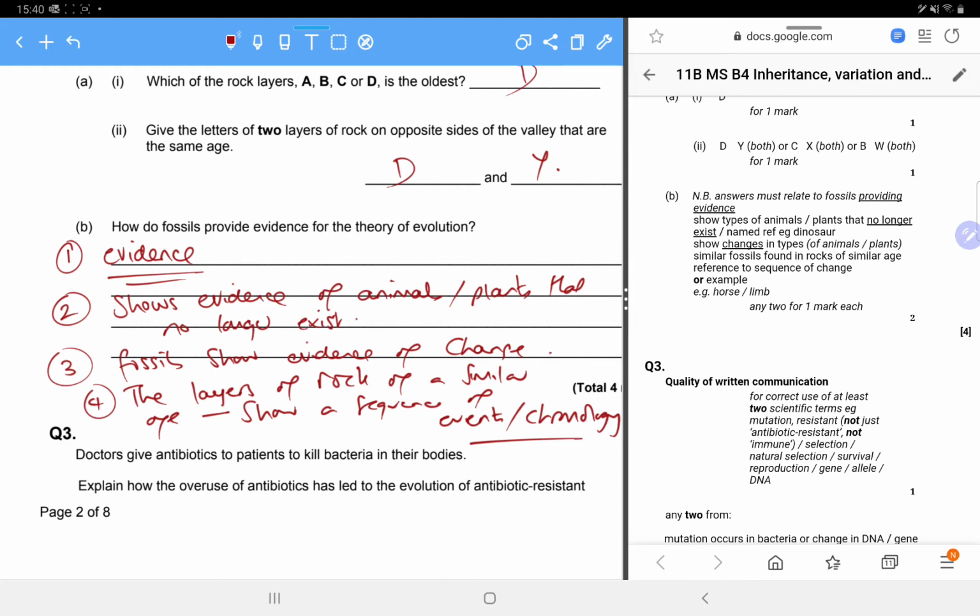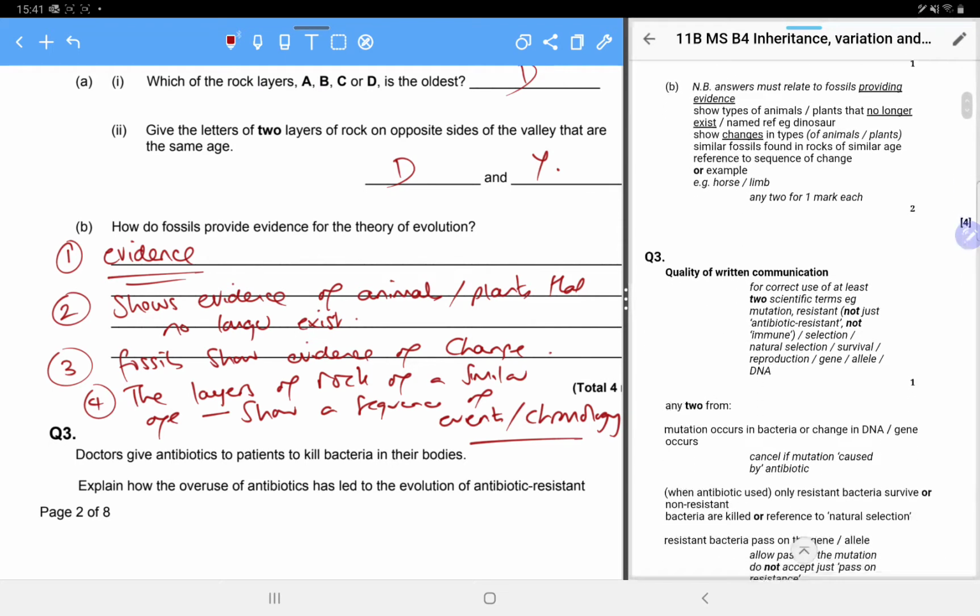The fossils show evidence of change, and they have layers of rock of a similar age, which means that each layer of rock going up would show a chronology, and so you can see the change in organisms over time by seeing those animals buried that no longer exist. Okay? That's a really, really nice way that the board in this mark scheme have told us exactly what you need to write in this topic.